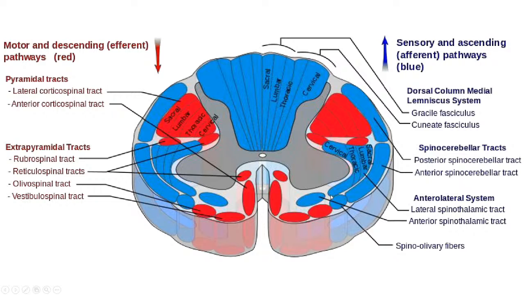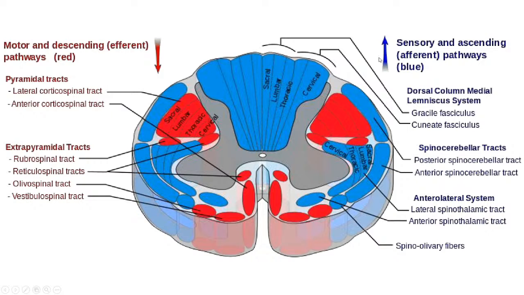The fasciculi are the smaller divisions within the funiculi, and I won't expect you to memorize this image, but it is worth noting that there are several different tracts or fasciculi, and each of them is headed to a different region.